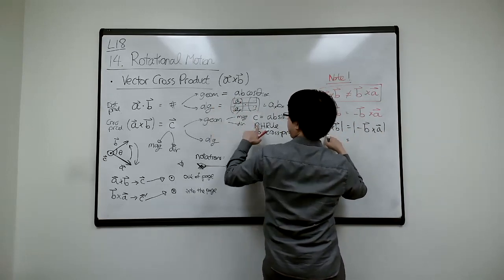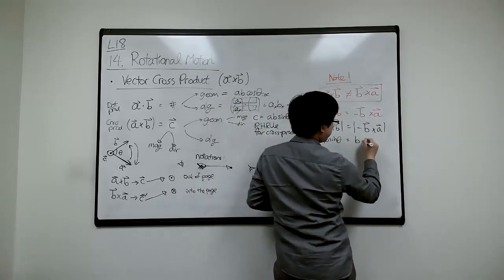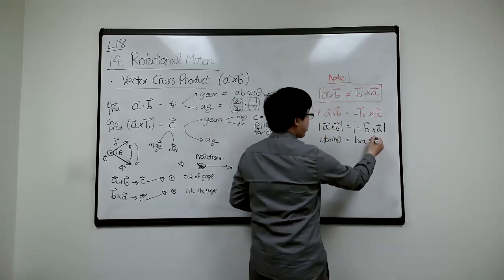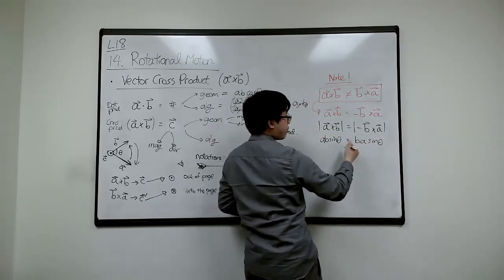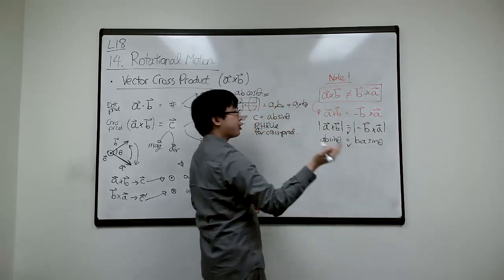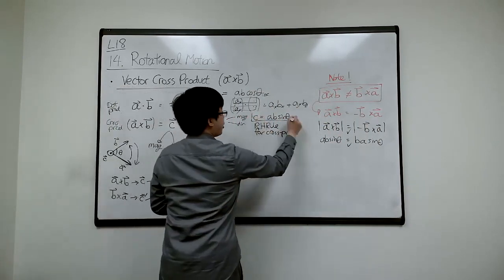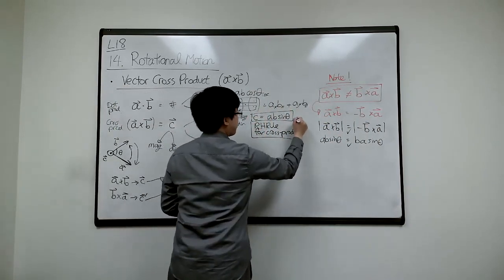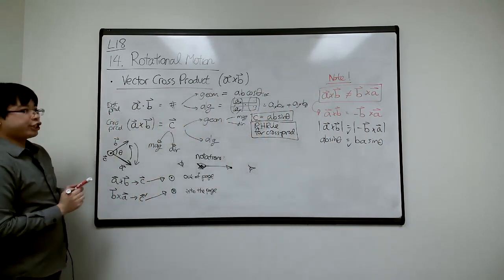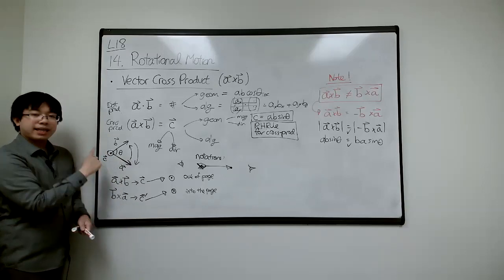The rule is AB sine theta. Following the rule for B cross A gives BA sine theta, which is a scalar multiplication, so they are equal. So the magnitudes are equal, but the direction is opposite. Magnitude, direction. That's the geometric way of determining the cross product of two vectors.